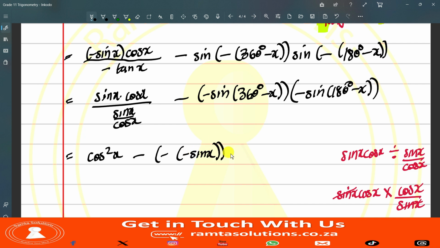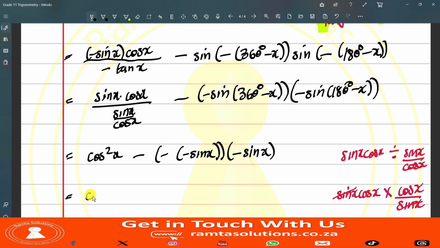Remember, you're watching this video so you can learn these things. In the same way, sine in the 180 minus, is it positive or negative? Sine in the 180 minus is positive. So it'll just be negative sine x.